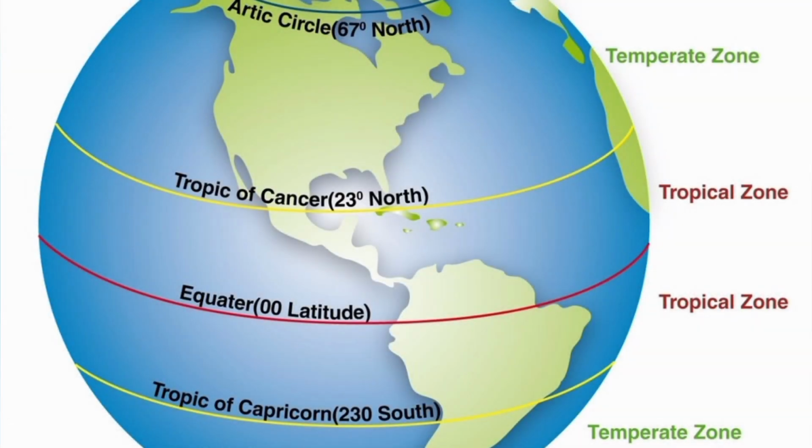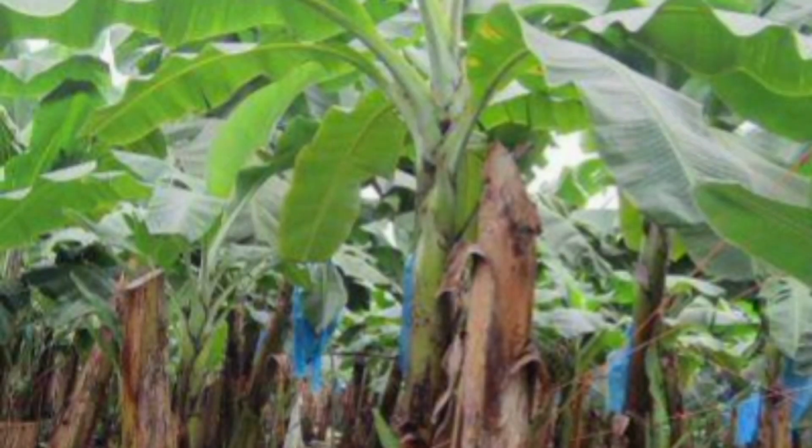In two separate sections of the earth, running adjacent to the always hot and humid equator, as the equator gets most of the sunshine each year, we have what's called the tropics. The consistent warmth and abundant sunshine of this part of Earth provides a perfect environment to grow certain crops.